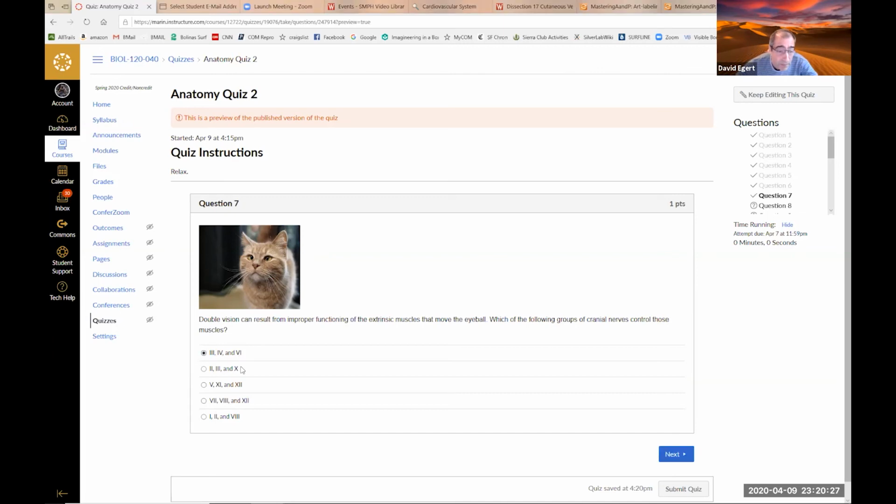A lot of people put the one with 2 and 10. That is not going to work. 2 is the eye, but it's sensory. The optic nerve takes information from the eye to the brain. It's not actually operating muscles on the eye. So it was 3, 4, and 6.